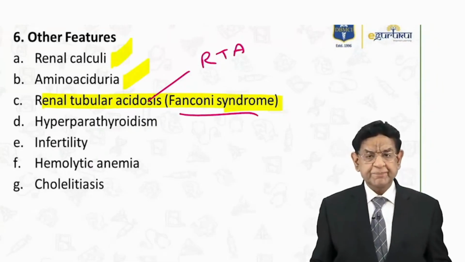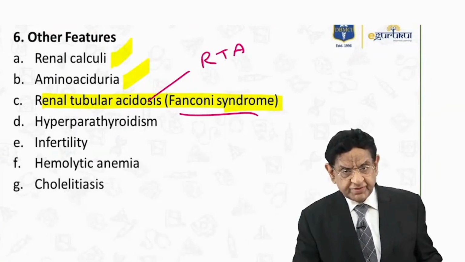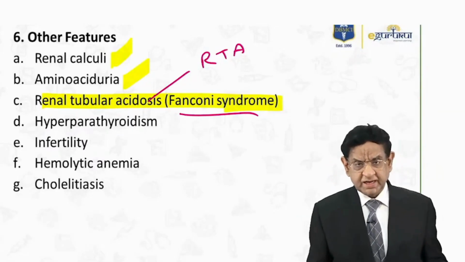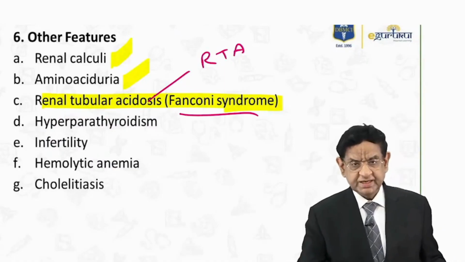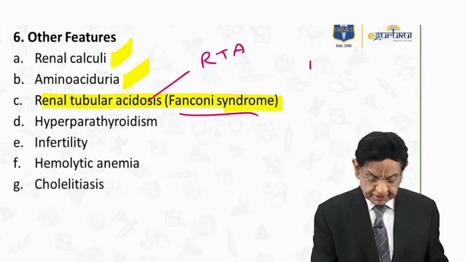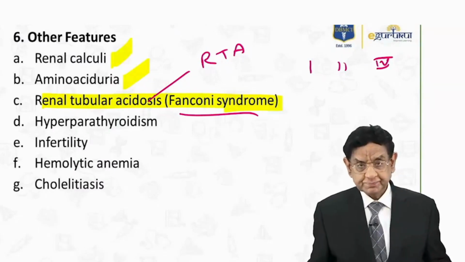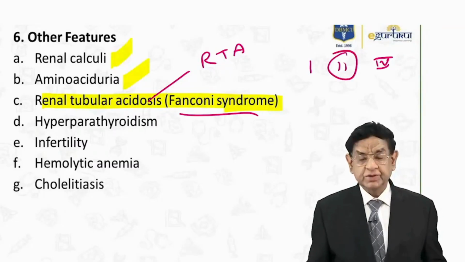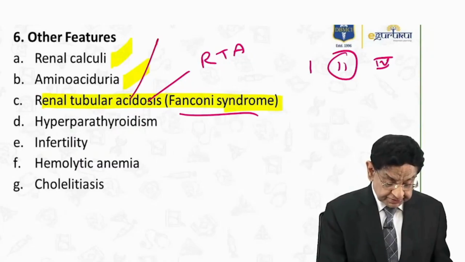Tell me in which type of RTA, type 1, type 2, type 4, do we get Fanconi syndrome? All the students write down the answer in your copy. Just write down the answer. Well, the answer is type 2. This is also known as proximal renal tubular acidosis.